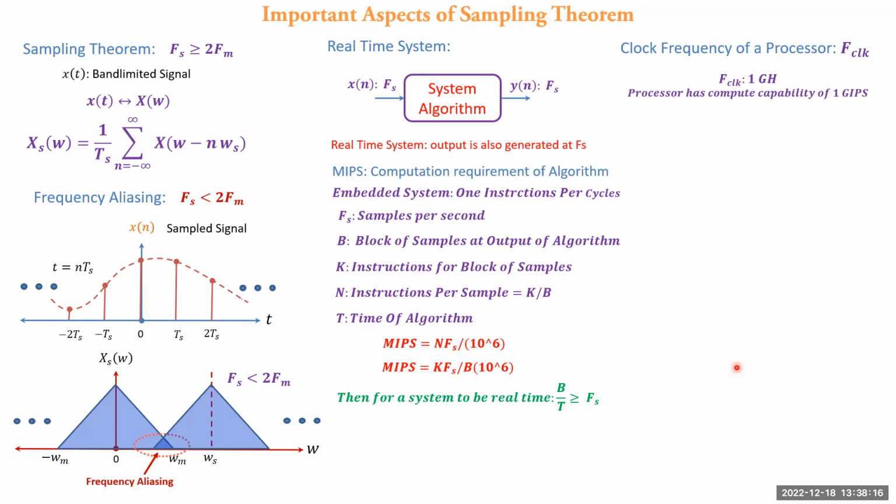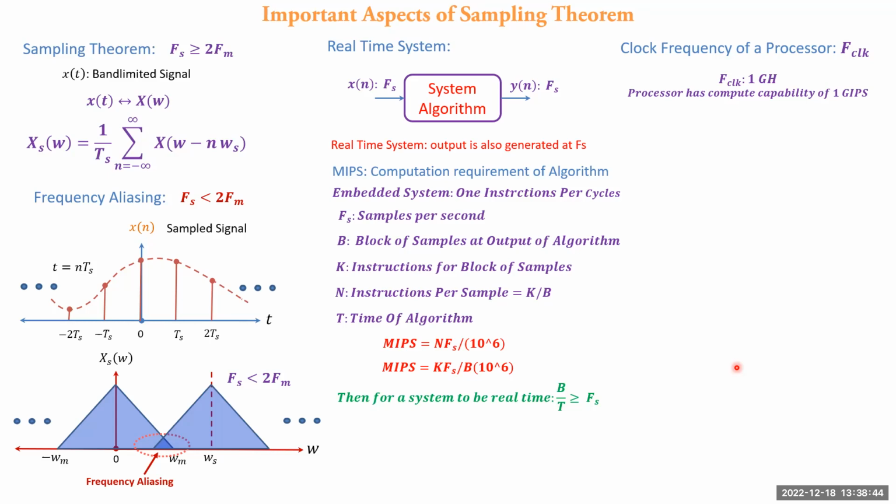Now consider you have a processor which is clocked at say 1 gigahertz frequency. Typically nowadays a processor executes one instruction per cycle. So whenever the processor is operating at 1 gigahertz, it gives you 1 GIPS, that is 1 giga instructions per second.